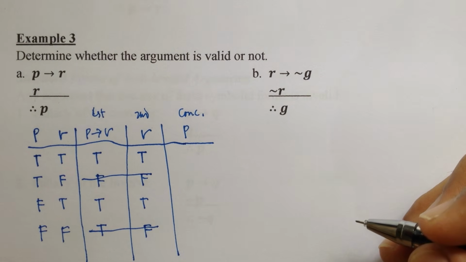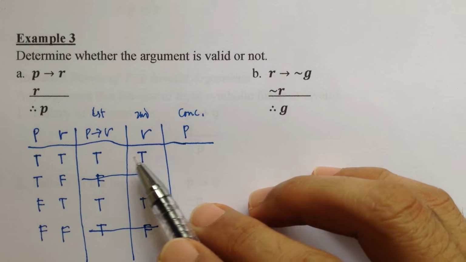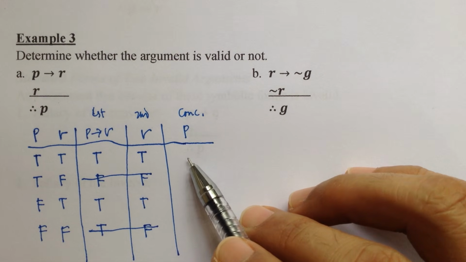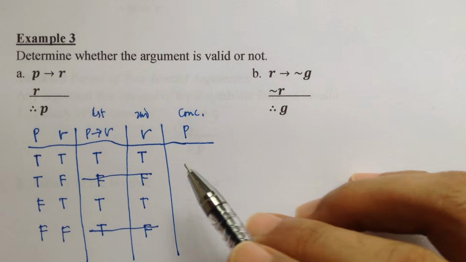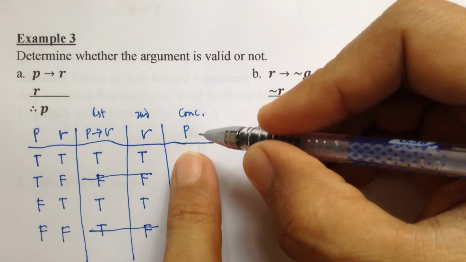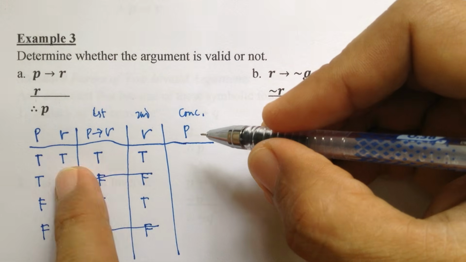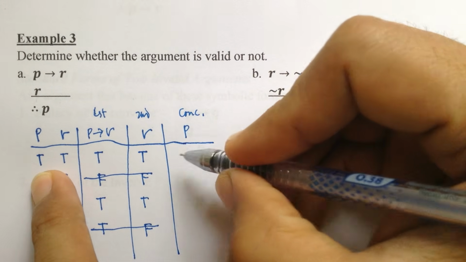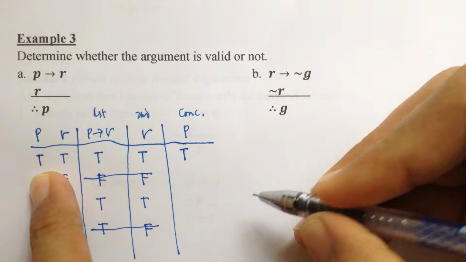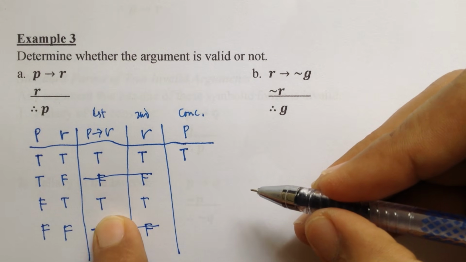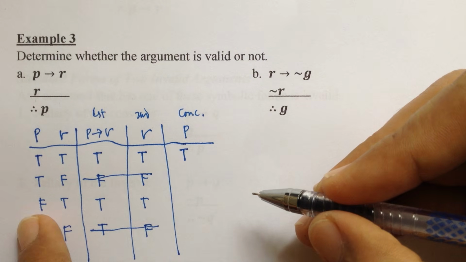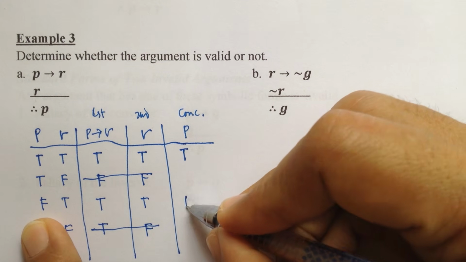So again, what we're going to do is determine the truth value of your conclusion at the critical rows. Your conclusion is P. In this row, P is true, so you have true for P. Now in this row, your P is false, so this is false.